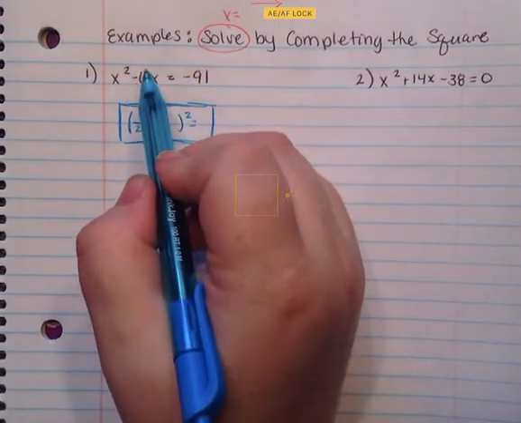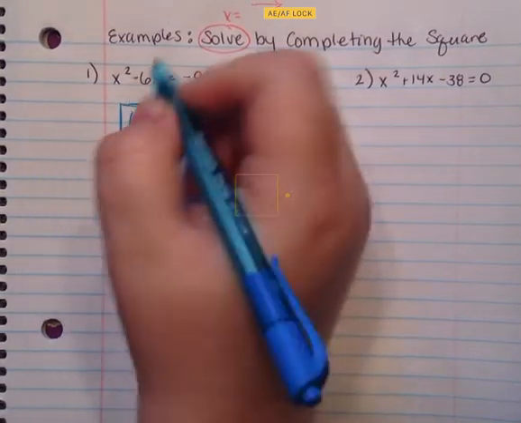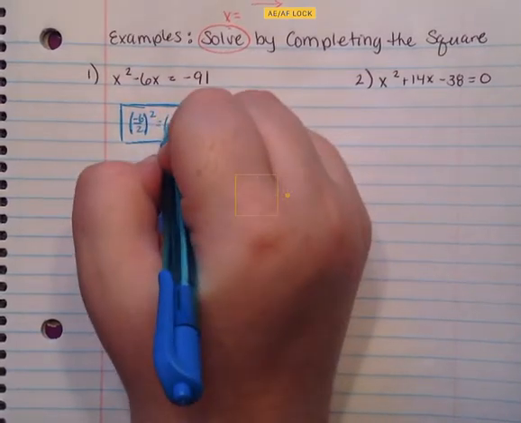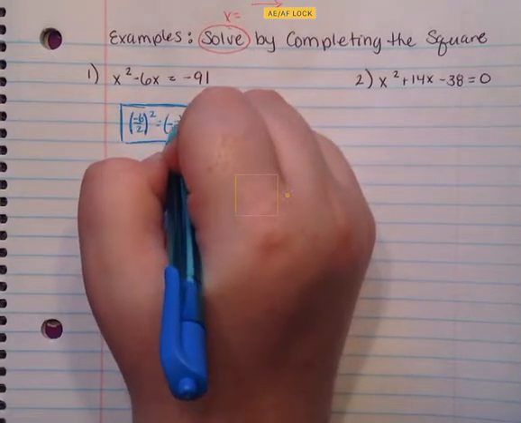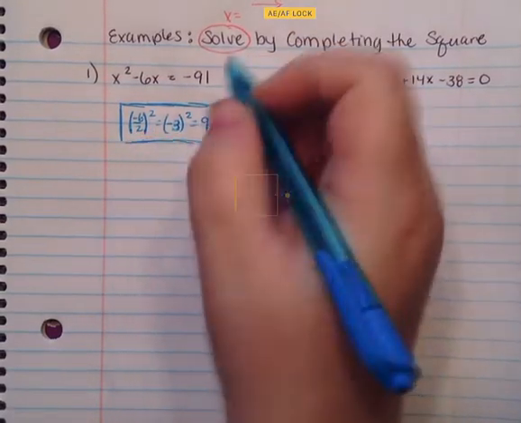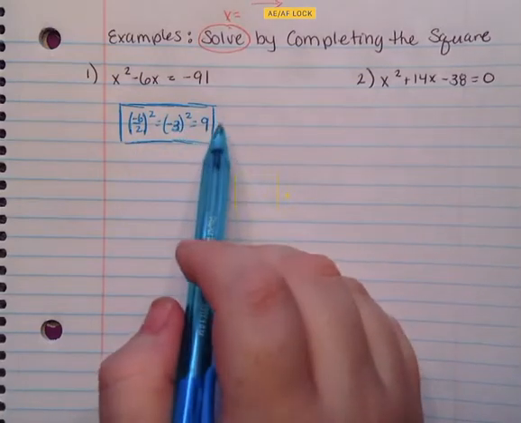Now my b value is negative 6, so I'm going to put negative 6 into here because it's negative 6 over 2. Negative 6 divided by 2 is a negative 3. Negative 3 squared is a positive 9. This value should always be positive because anytime you square a real number, it will give you a positive value.